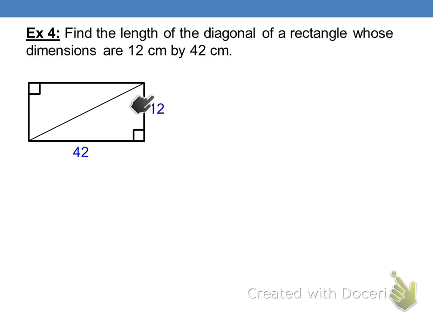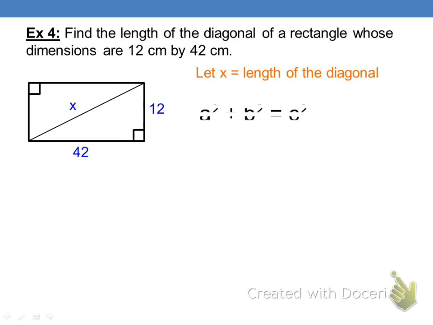So we're trying to find the hypotenuse, which is the C. I don't feel the need to call it something other than C. If you make it an X, that's fine too.